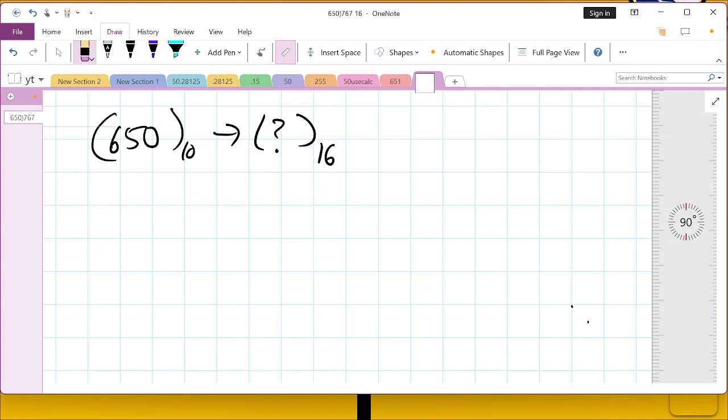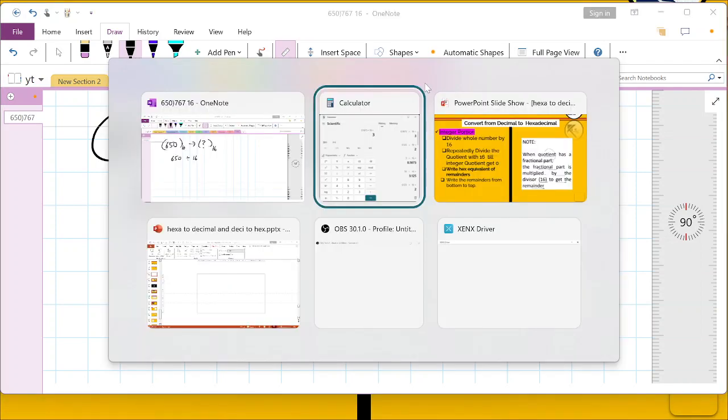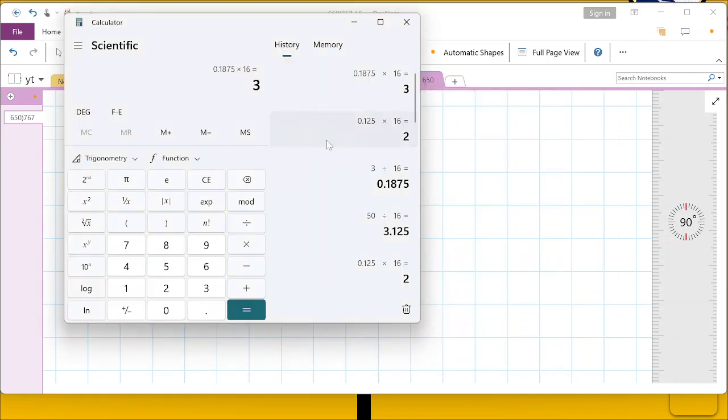So I'll start using the calculator. When you use calculator, then the quotient part will generally have a whole number part as well as a fractional part. So I'll write 650. This is my original number. I will divide it with 16. So what do I get? 650, sorry, I went wrong. It is 650, and that is to be divided by 16.